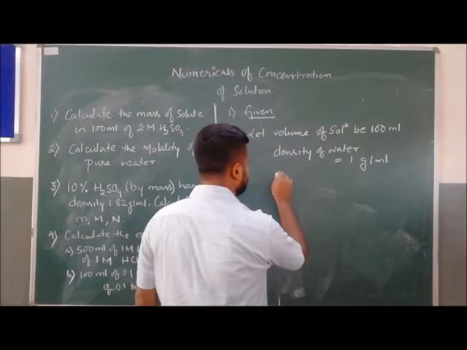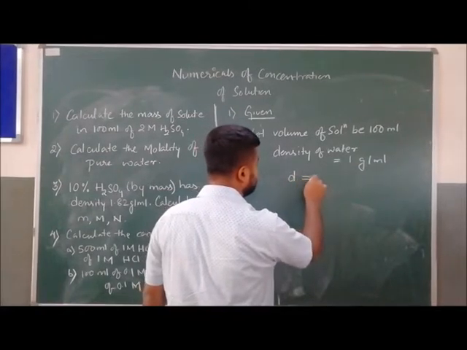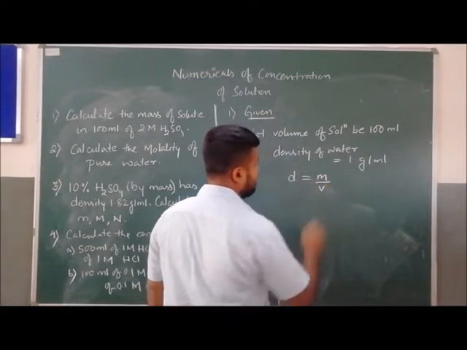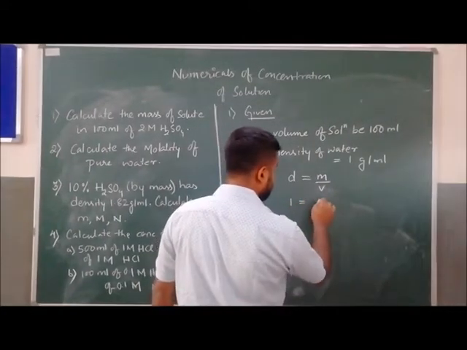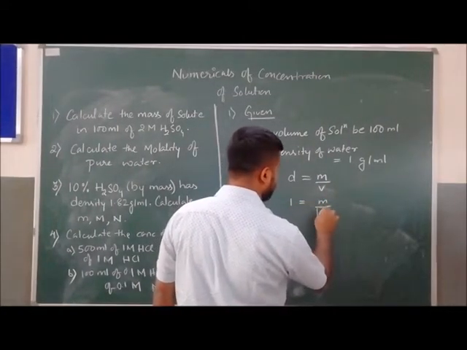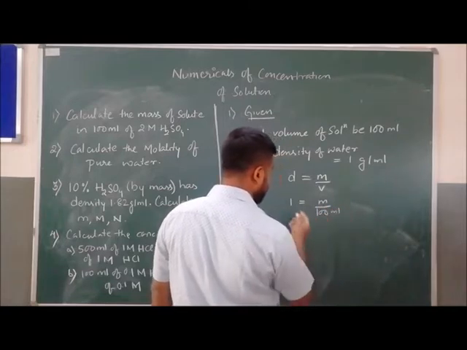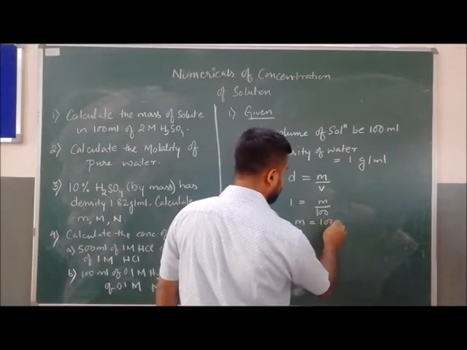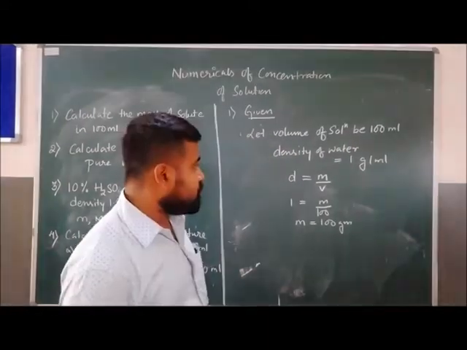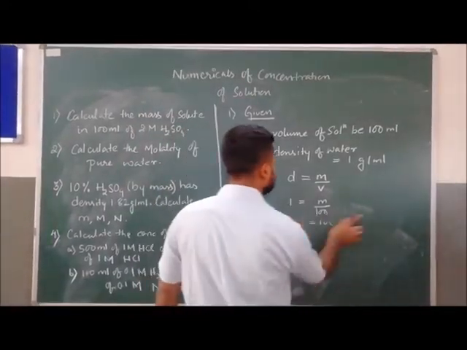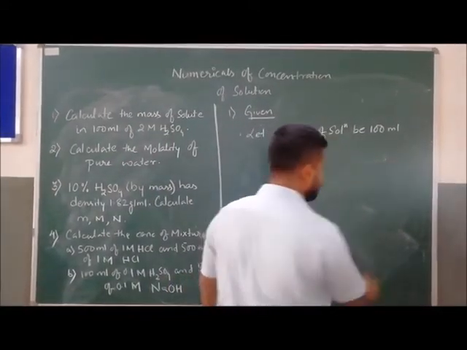We know that density is equal to mass by volume. So if the density is 1 and the volume is 100 ml, then the mass of the water is equal to 100 gram. Volume is 100 ml, so the mass of the water is equal to 100 gram.